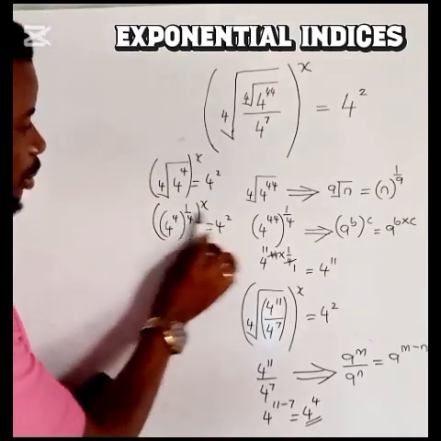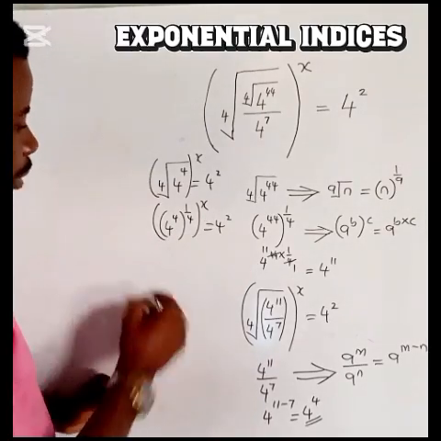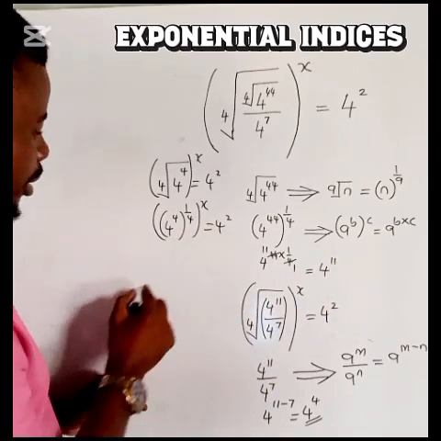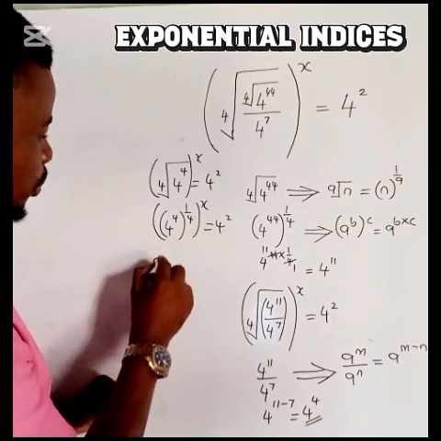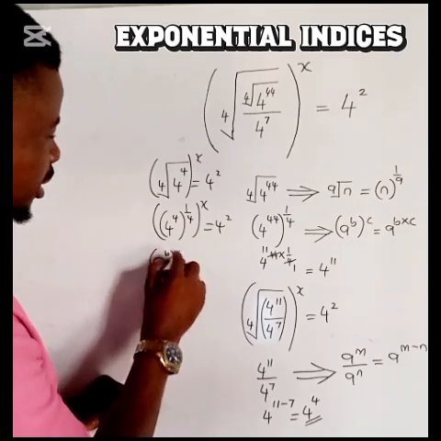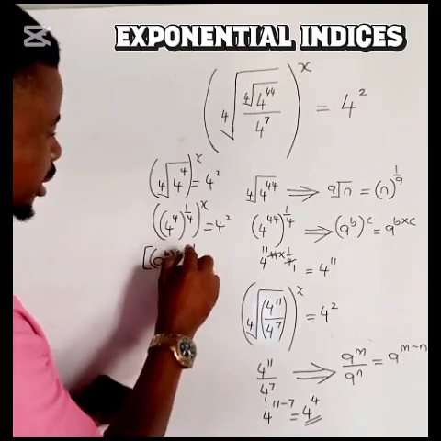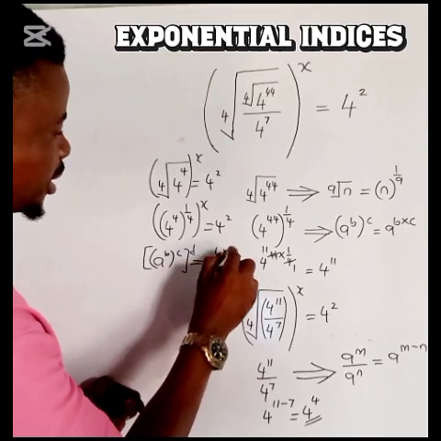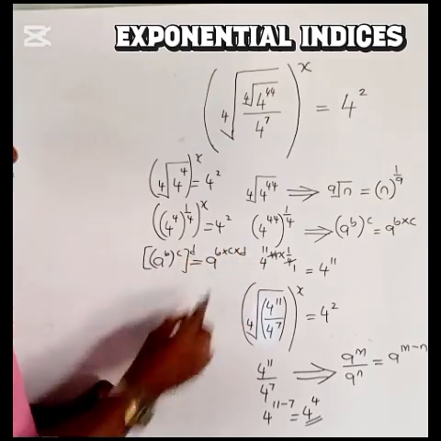Now, how do we simplify this? We still use the power law, but now we have three powers here. That means if we have a raised to power b raised to power c, all raised to power d, it will be the same as a raised to power b times c times d. So we can use this now.